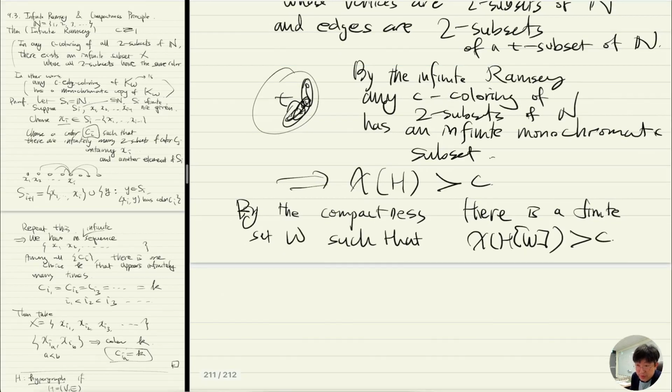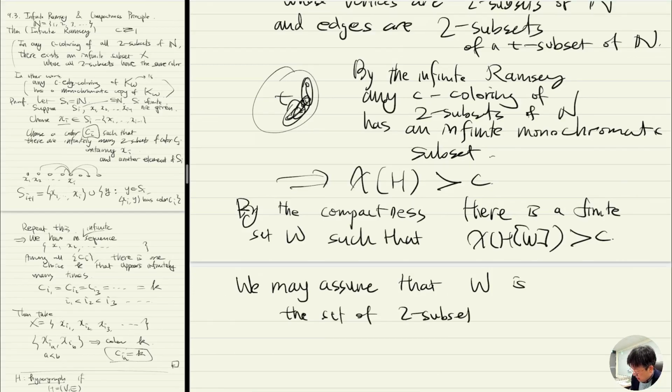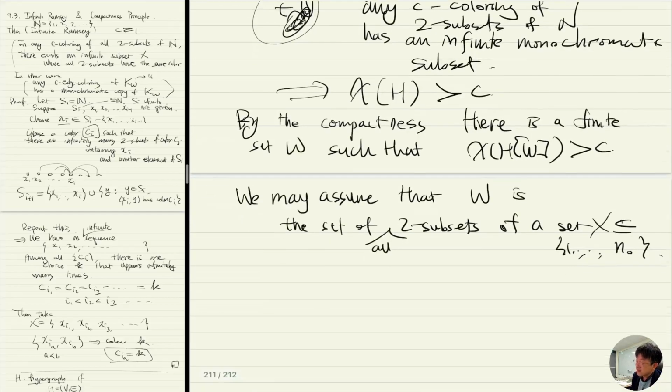But this W could be an arbitrary set of subsets of size 2, so we may assume that W is the set of two-subsets of a set X, which is a subset of some n0. Okay, the set of all two-subsets. Because adding more edges doesn't decrease the chromatic number.